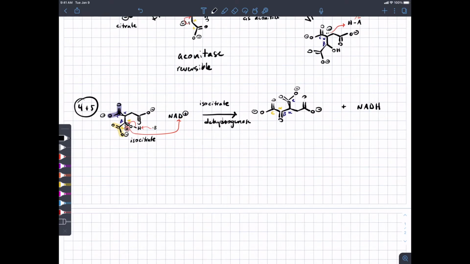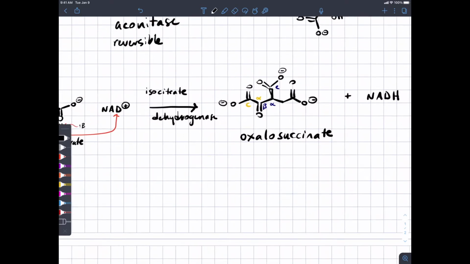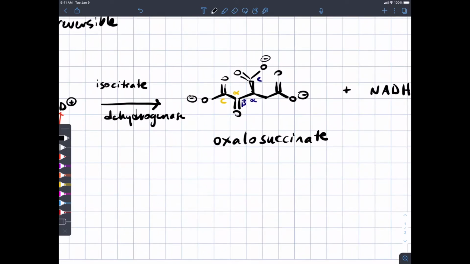And this intermediate is called oxalosuccinate. This is the one that some people don't consider as a step along the citric acid cycle because it's short-lived.